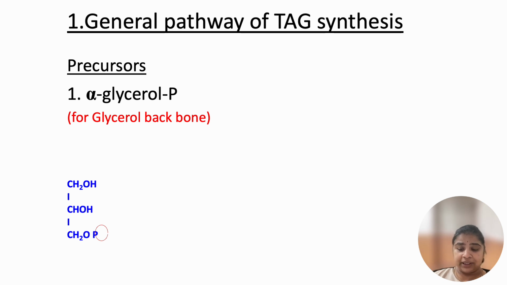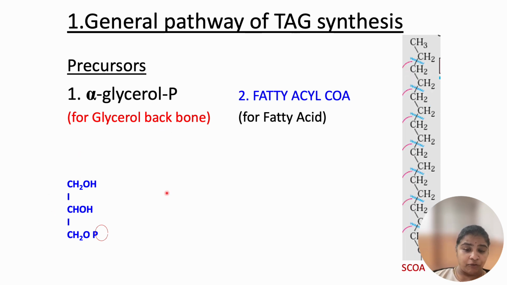General pathway for synthesis of triacylglycerols. So, we have glycerol phosphate and we have a fatty acid. These are the two prerequisites. One small thing to note here: glycerol can be converted to glycerol phosphate by the enzyme glycerol kinase.